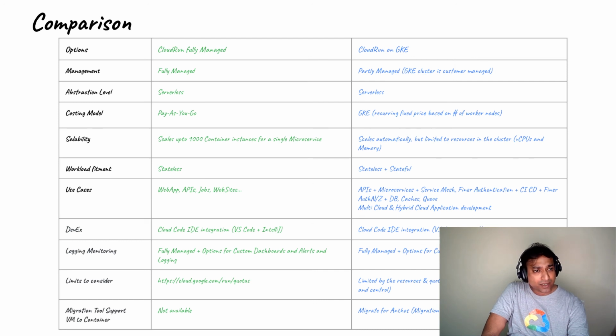It has binary authorization, which basically takes care of image signing and a lot more things. We can probably talk about it in a separate video. And apart from the dev experience, the logging and monitoring are similar. There is another thing that comes in handy with the Anthos license, which you don't get in CloudRun fully managed: a tool called Migrate for Anthos. I've done another video on this one, and I'll leave the link.